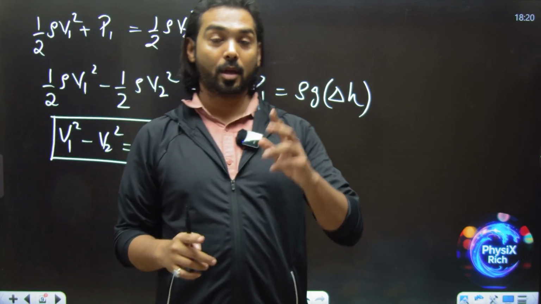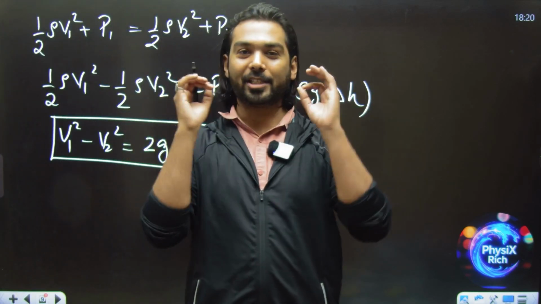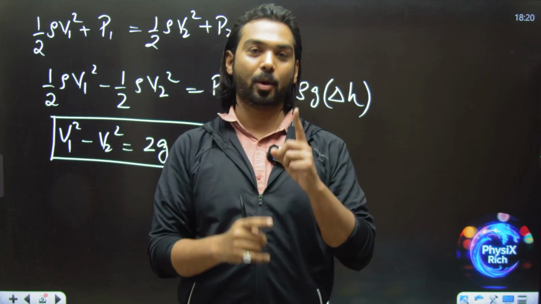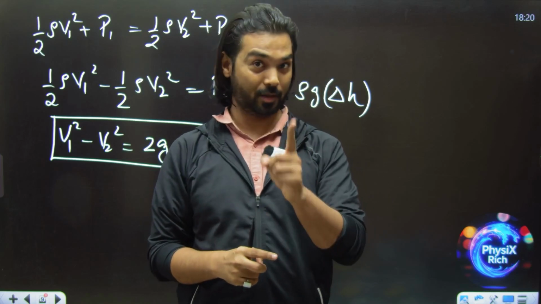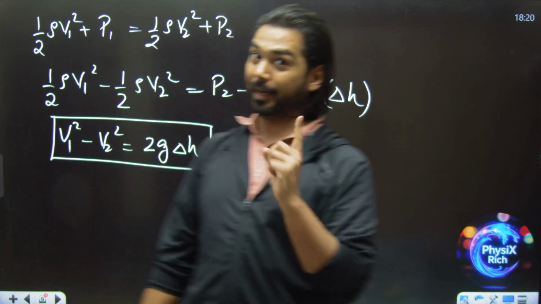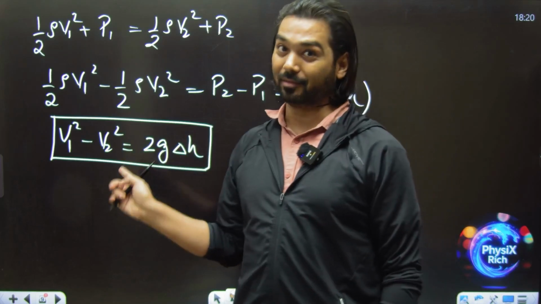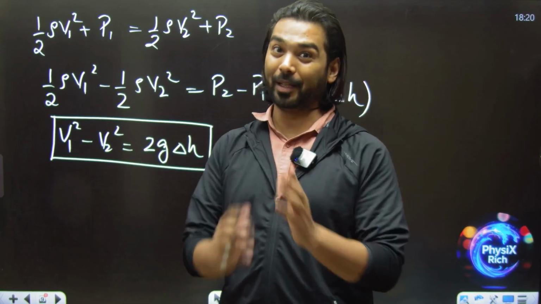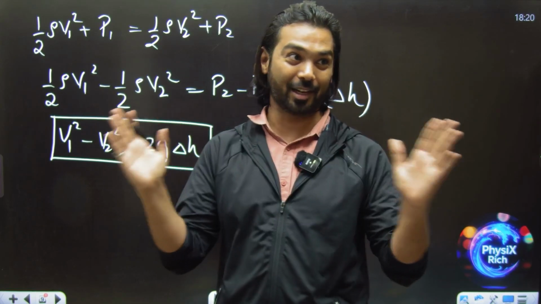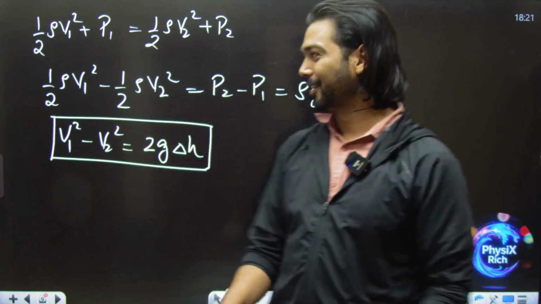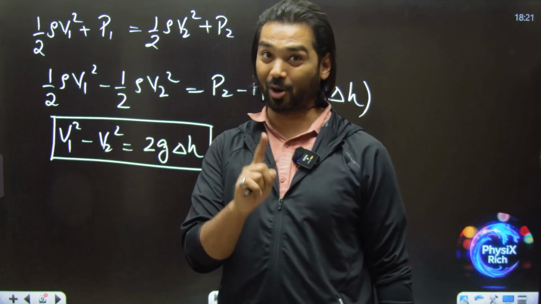Before that wretched thought comes into your mind of applying v square equals u square plus 2as, let me remind you, that's not what I have done. Please don't do that. V square minus u square equals 2as is not what I've applied over here.